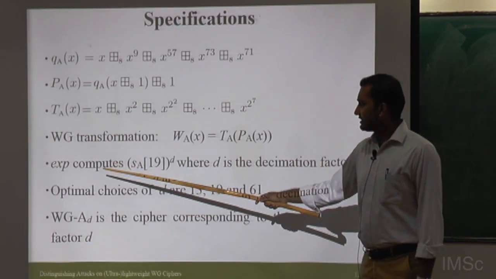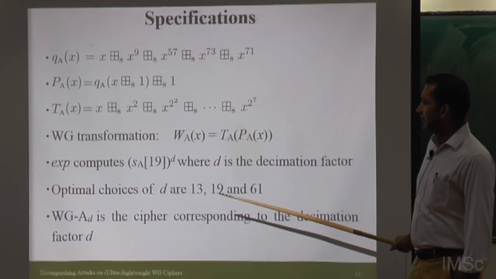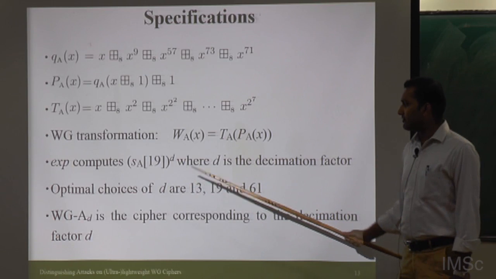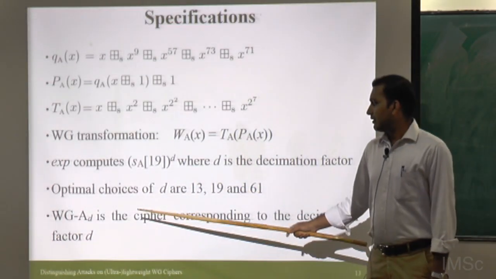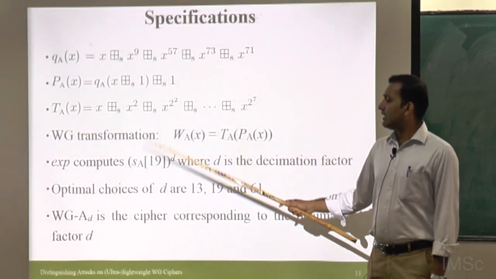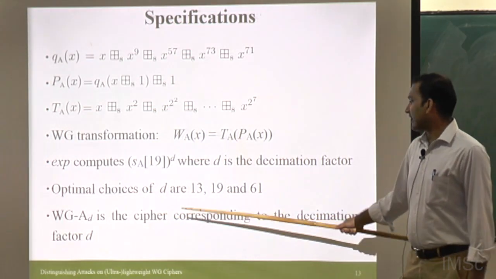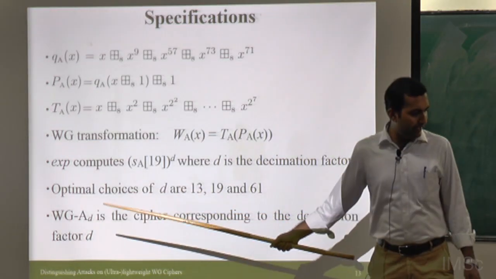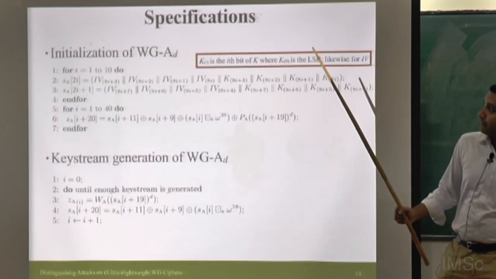The exponentiation function computes SA19 power d, where d is the decimation factor. The decimation factor can have 3 optimal choices, 30, 19 and 61. So based on that, there are 3 ciphers in this WGA family. The cipher corresponding to the decimation factor d will be denoted by WGA subscript d.